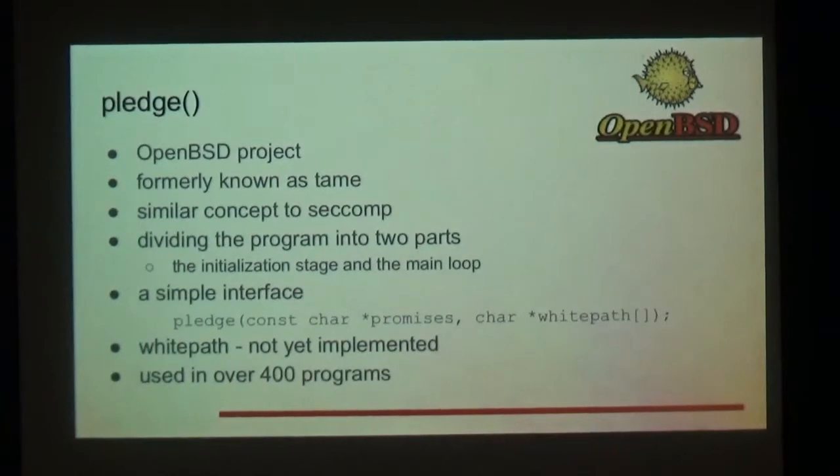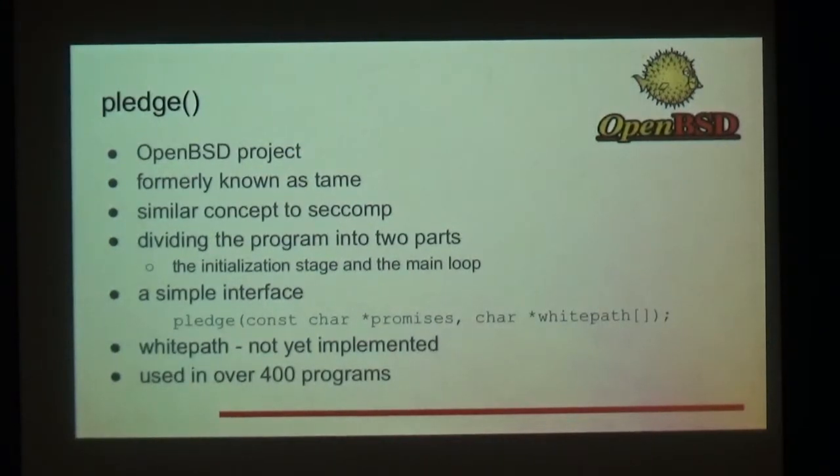And Pledge already changed its name from Tame. To be honest, I don't know why. Tame was a pretty nice name, if somebody would ask me. And Pledge is very easy to use. We have just a simple syscall, which allows us to pass the promises that we want to have.